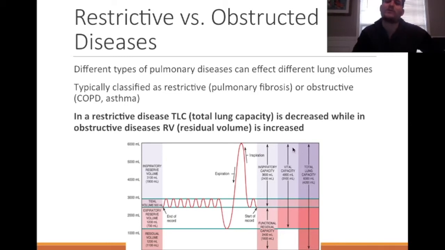In a restrictive disease, such as pulmonary fibrosis, you're going to have a lesser total lung capacity. Actually, going on right now with coronavirus, a side effect of some severe cases is pulmonary fibrosis, where some of that lung tissue is being destroyed and replaced with less elastic collagen.